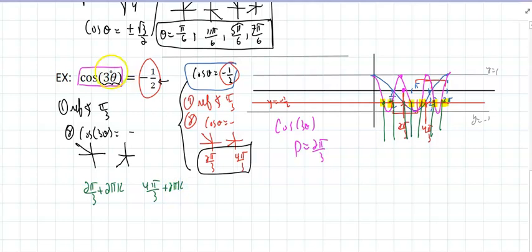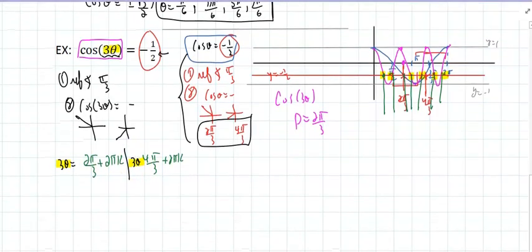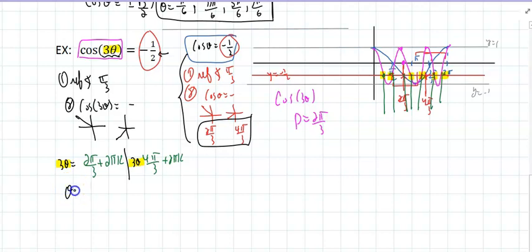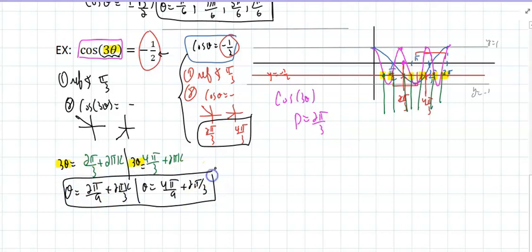Now, I know the period is not 2 pi, it's 2 pi over 3. That's okay. The way we're doing this, the only time 3 theta ever comes in is at the very last step. This is where we set 3 theta equal. And we said when you're dealing with fractions, you don't divide by 3, you multiply by a third. If I multiply all of these by a third, guess what? Guess what this got me?